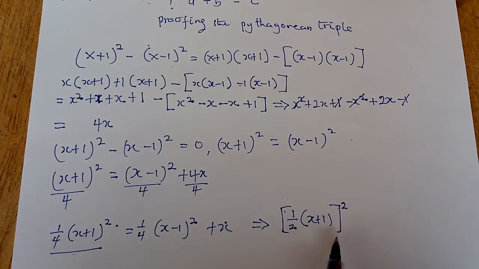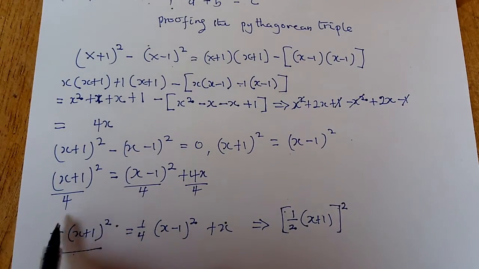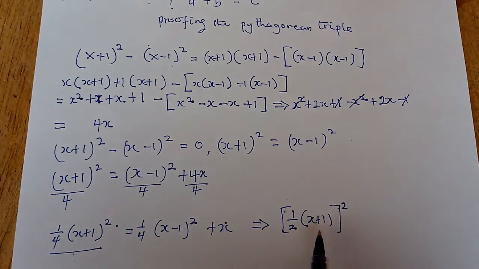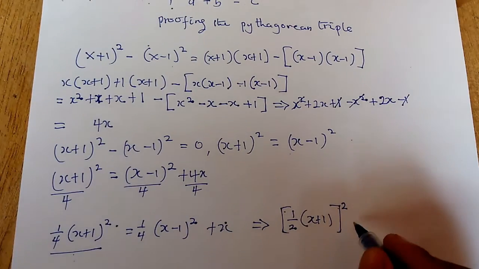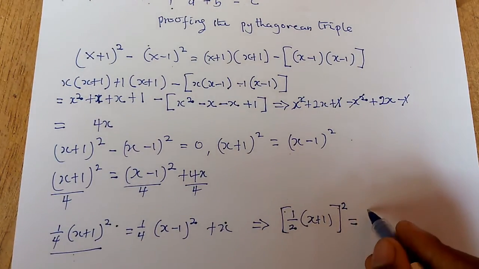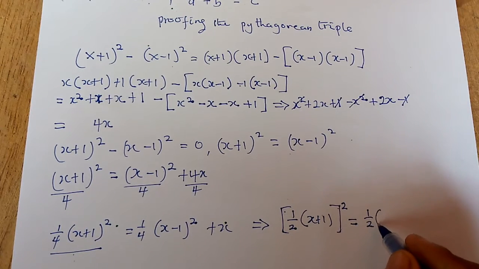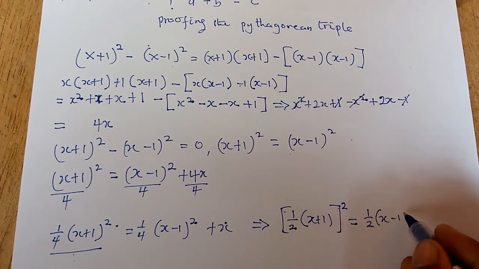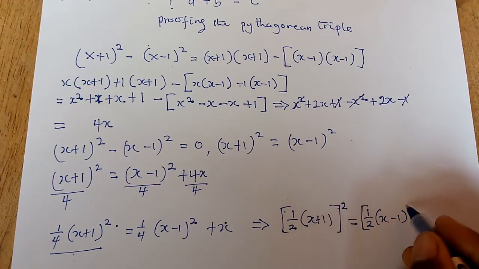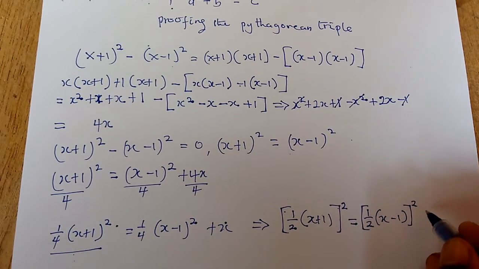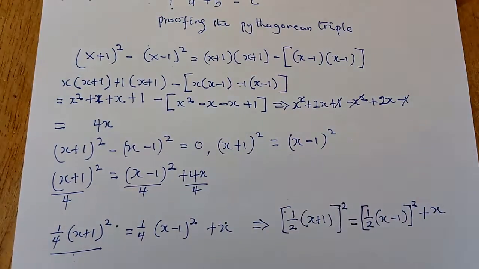And this expression is the same as this. You can just expand this one and expand this one and see if you do not get the same result. So this one is the same as this. So we can now say this is now equal to 1/2 (x-1), and then with the bracket 2 here, plus my x.